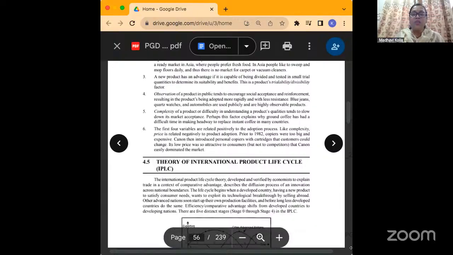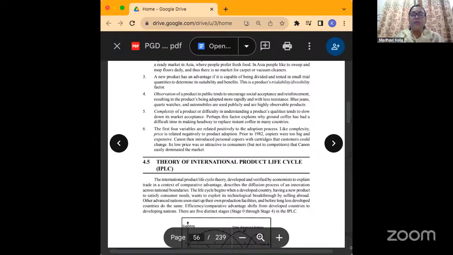And then we also need to think in terms of trialability and divisibility. What does this mean? That means we first trial the product in a small setup with a few users, few potential users, and see how their response is. We earlier talked about introducing it to a focus group. Now we are trying to actually sense what is the response to a product in the market.